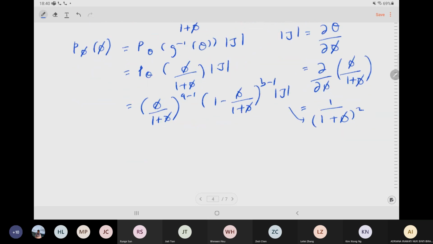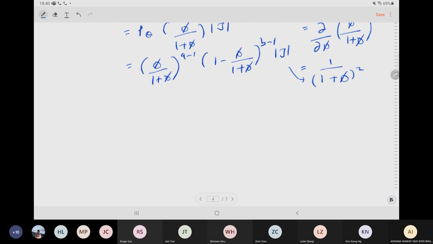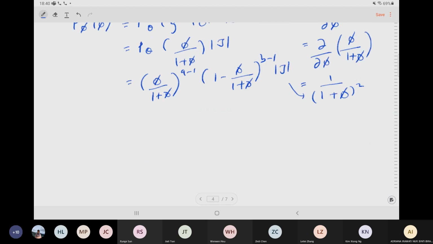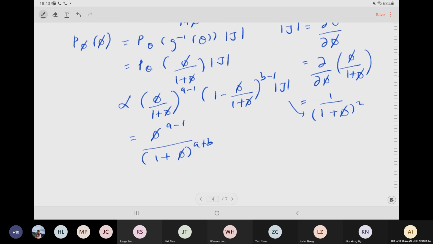I might run out of page at this rate. Again, this is proportional because I only use the proportional part. After I simplify, I actually get phi to the a minus 1 over 1 plus phi to the a plus b. So this is the prior.